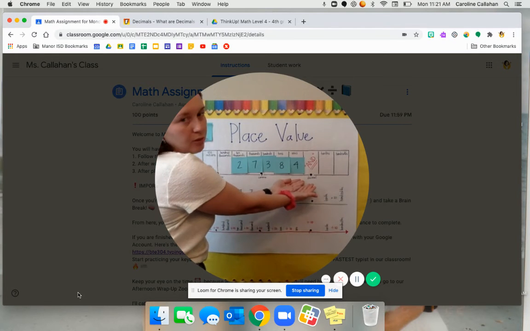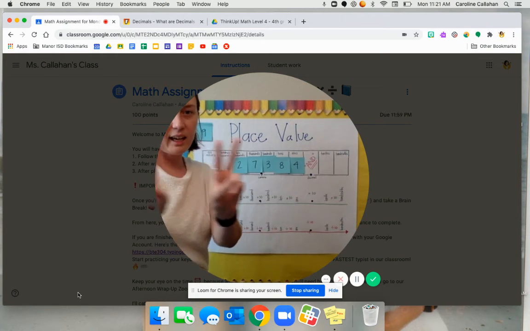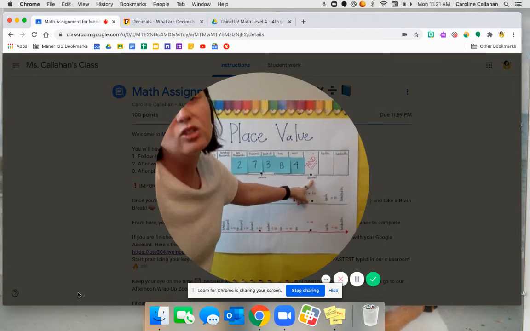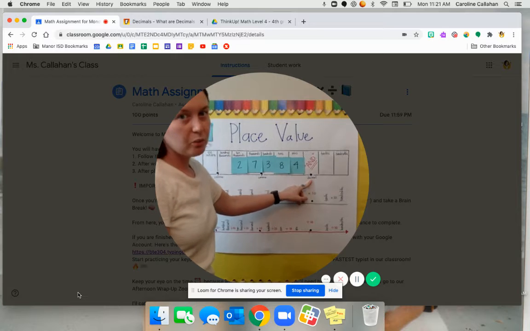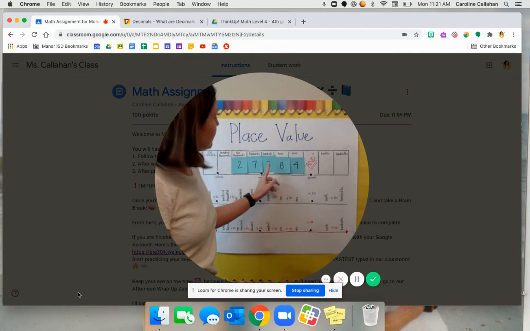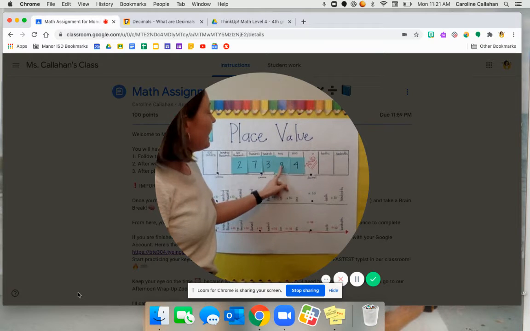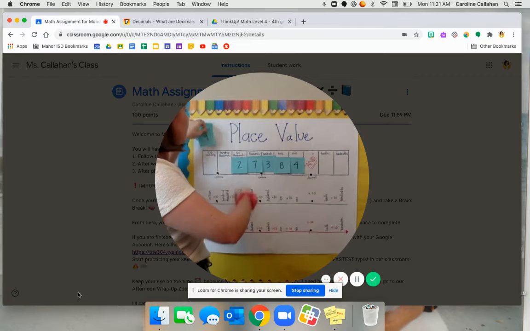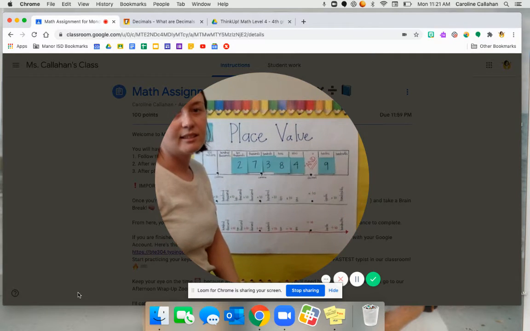So something you also may notice is this little spot that says and, then there's a little dot or period. It's called a decimal. And when we see the decimal, we will say and. If there were something in that place value, it would be tenths.